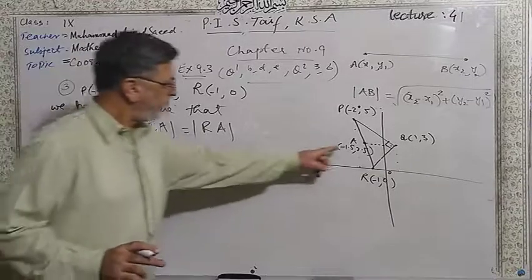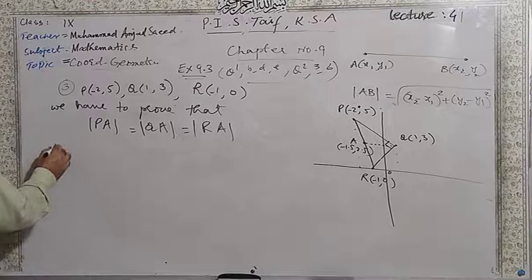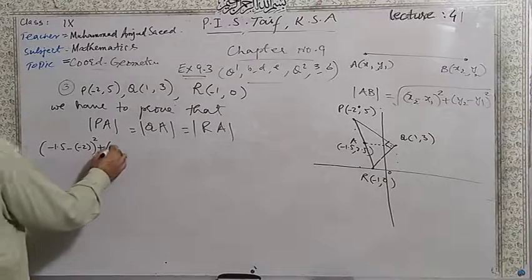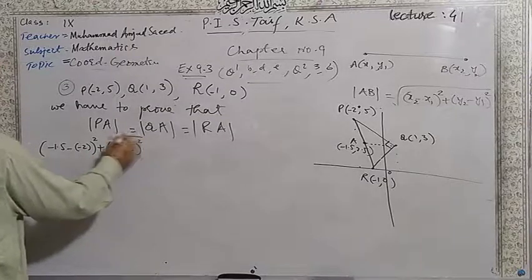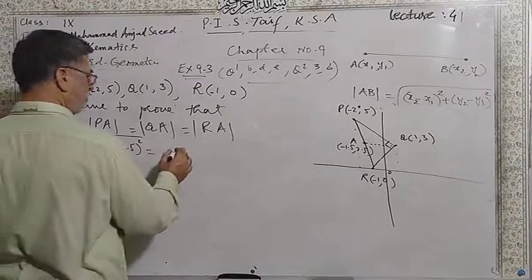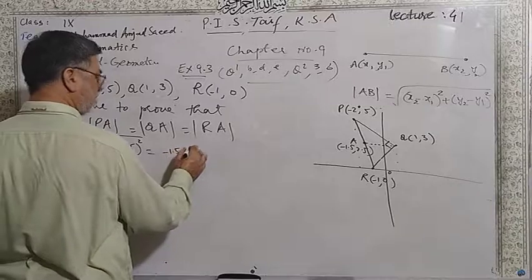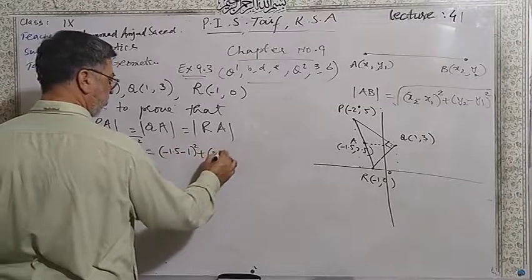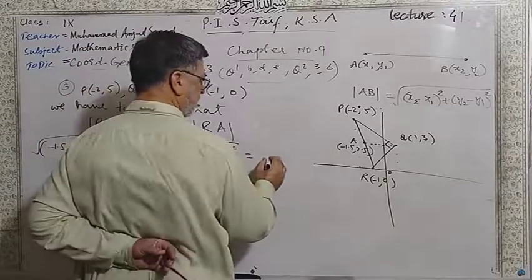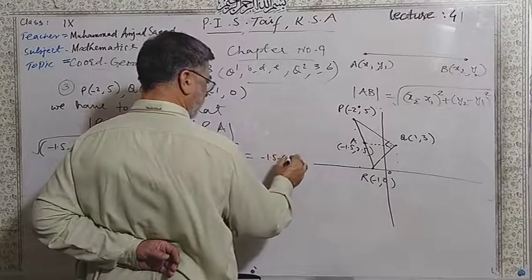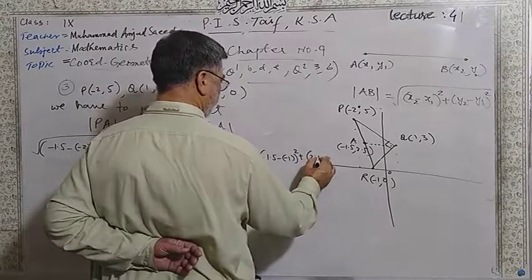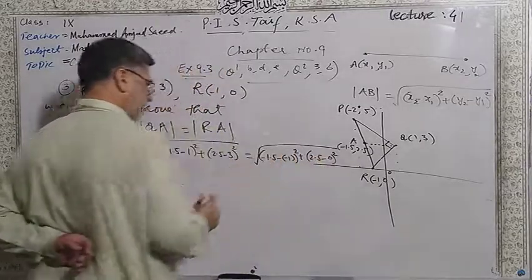It is the square root of (first minus first) whole square plus (second minus second) whole square: (-1.5 - (-2))² + (2.5 - 5)². That will be equal to |QA|, and equal to |RA|, which is the square root of (-1.5 - (-1))² + (2.5 - 0)².